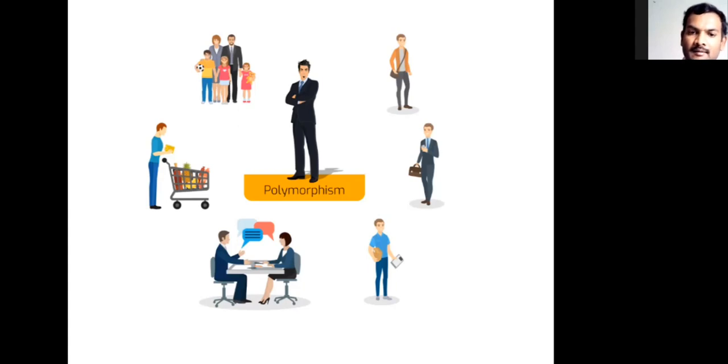Here we have one person in multiple forms. That is the meaning of polymorphism, and this is implemented in the form of overloading and overriding concepts in Java language. So this is all about object-oriented features.